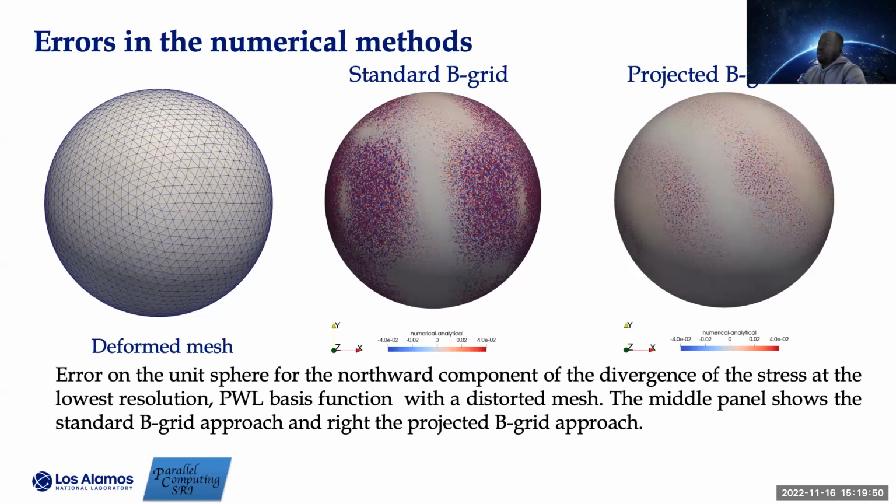The pink color represents the error between the numerics and the analytical solution we are considering. The more pink is visible, the more error we have in the numerics. So obviously, in the standard approach we observe more error compared to the proposed approach, where the error is much reduced. And this is also run using the piecewise linear function.